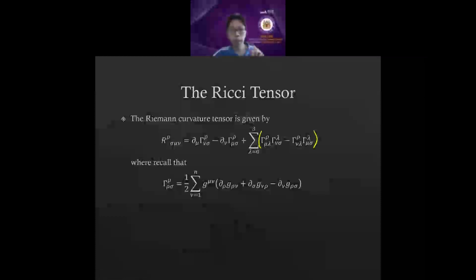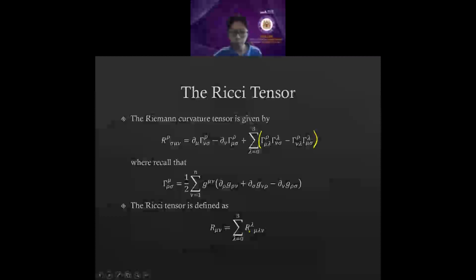Instead, there is another quantity that we can construct from the Riemann curvature tensor, known as the Ricci tensor, which is defined as the summation of some components of the Riemann curvature tensor, in this way. So our first guess would be to replace the left hand side with this Ricci tensor.